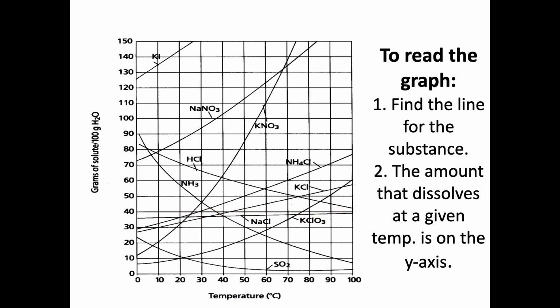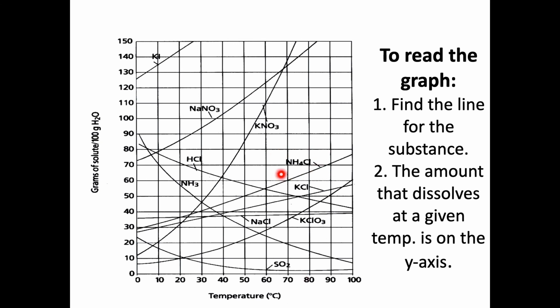But this graph, you'll notice that we have a whole bunch of different compounds. So what I've done is the same thing as before, where I've actually just mapped out the number of grams of solute that can dissolve in a certain amount, a certain temperature of the water here. Okay? So I can read it exactly the same.